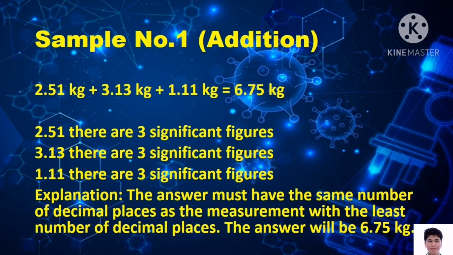Remember, 2.51, there are 3 significant figures, and 3.13, there are 3 significant figures, while 1.11, there are 3 significant figures. The answer must have the same number of decimal places as the measurement with the least number of decimal places. The answer will be 6.75 kilograms.